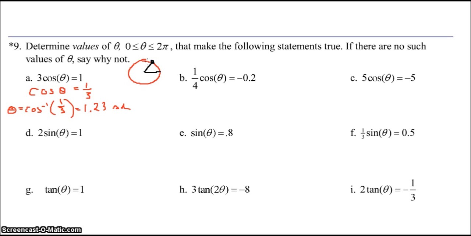But there's another solution over here. And so again, we can just take 2 pi minus 2.5 radians. We get 3.78. So 3.78 radians and 2.5 radians.